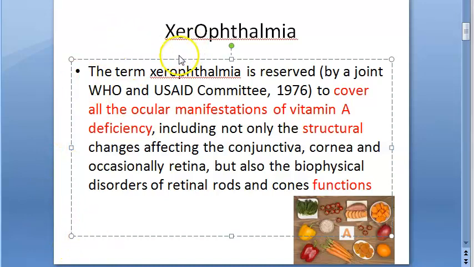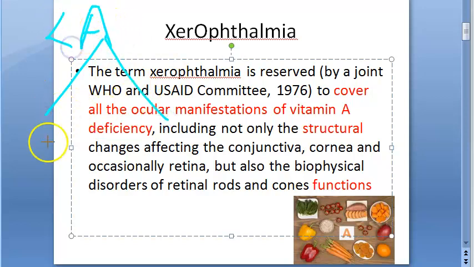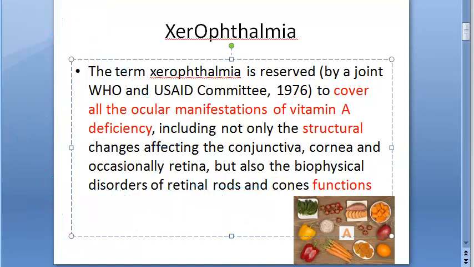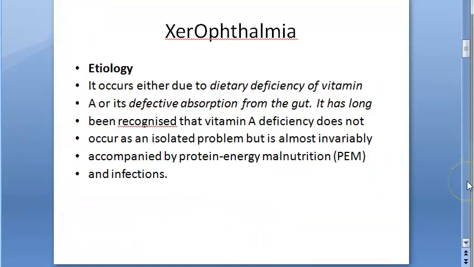If there is less vitamin A, and any structural problem in the eye, or any functional problem, like the retinal rods and cones having functional problems, they all come under xerophthalmia. So this terminology is clear for us now.